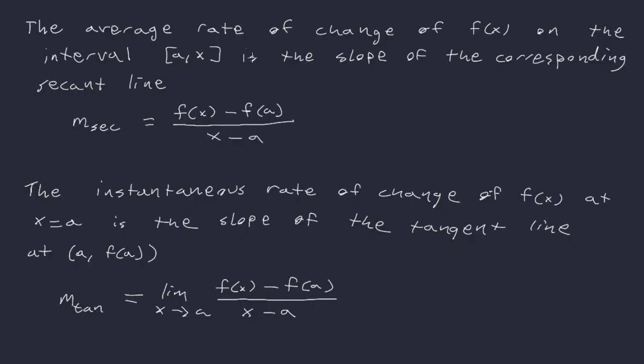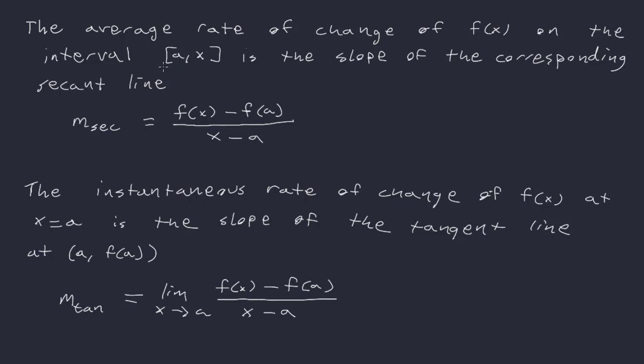Okay, so to bring this all together, the average rate of change of f(x) on the interval a to x is the slope of the corresponding secant line. The book often calls this m sub sec, the slope of the secant line. And that's just our average rate of change formula. We're just looking at it on the interval a to x here.